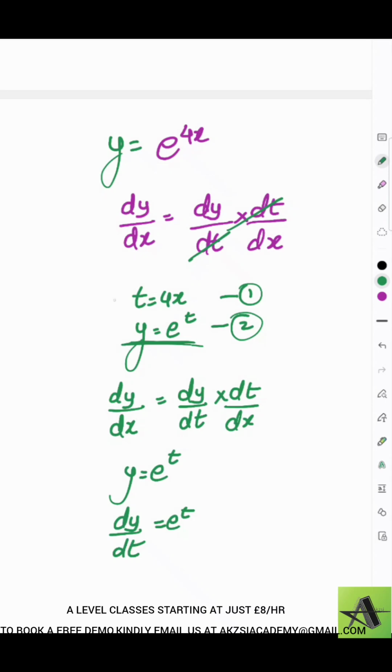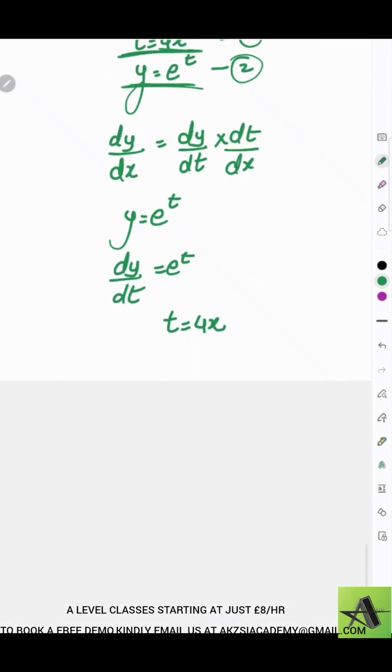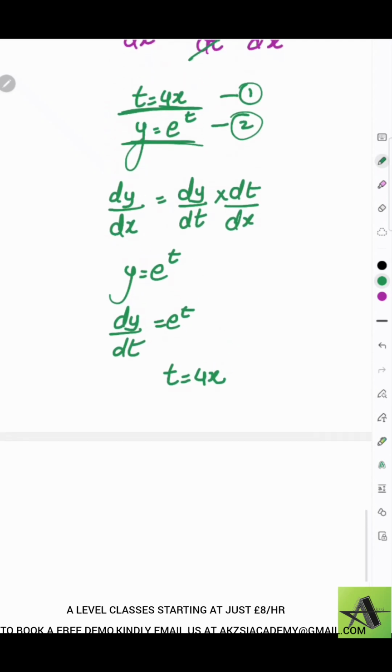Now, we are done with finding dy over dt. Focus on dt over dx. We know t is equal to 4x. So dt over dx will be, now what we are doing, we are differentiating t with respect to x.